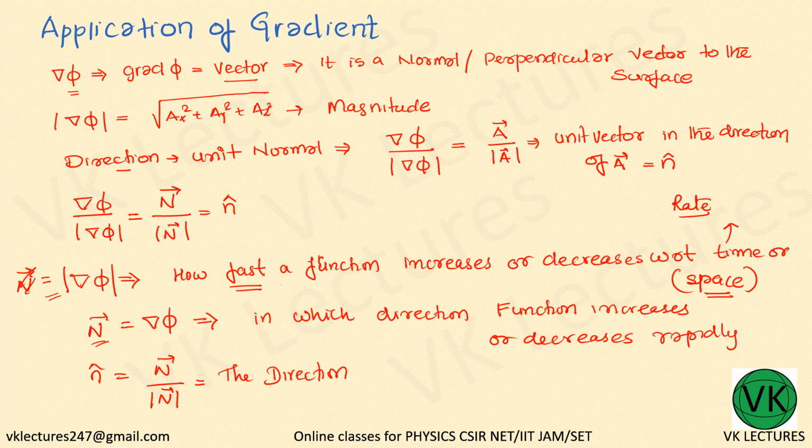Okay, one good example of this application is the electric field. Electric field E is equal to minus del V. The electric field is the gradient of the potential.